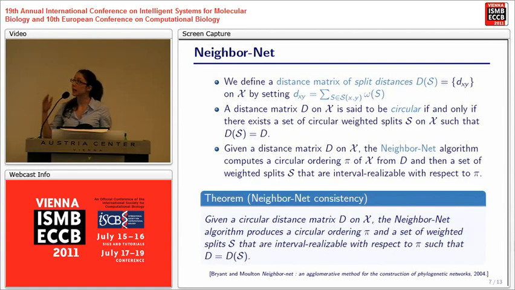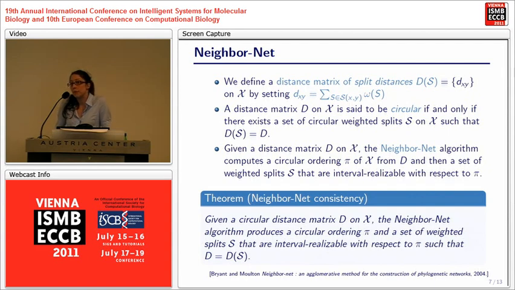And we say that a distance matrix is circular if we have a bunch of weighted splits such that when we compute the split distance, we get exactly the distance we wanted. So a circular distance can be completely described by a bunch of circular splits.